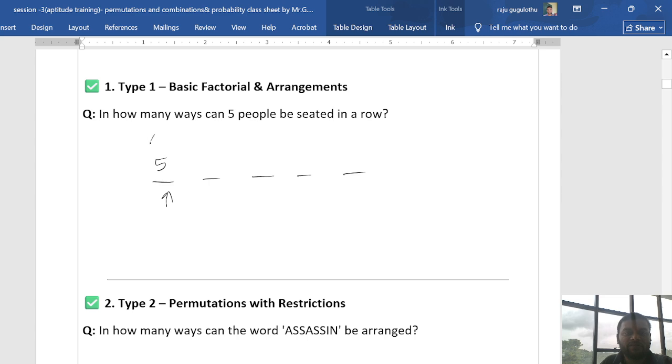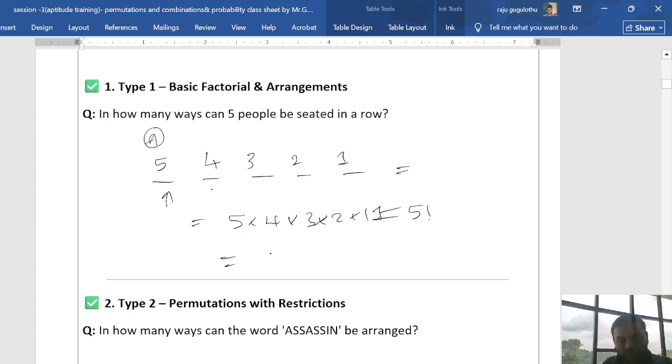Let us say one fellow A occupied the first place, then the remaining 4 people have the chances to sit here. 3, 2, 1. So this is 5 into 4 into 3 into 2 into 1, nothing but 5 factorial, which is 120 ways.